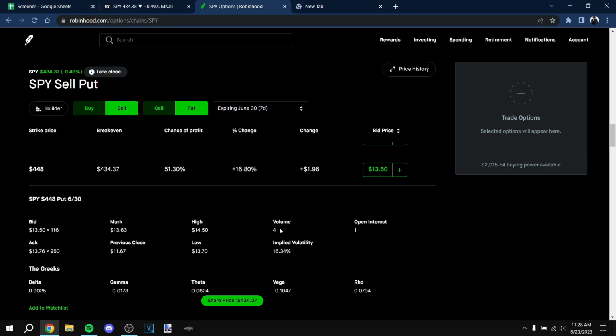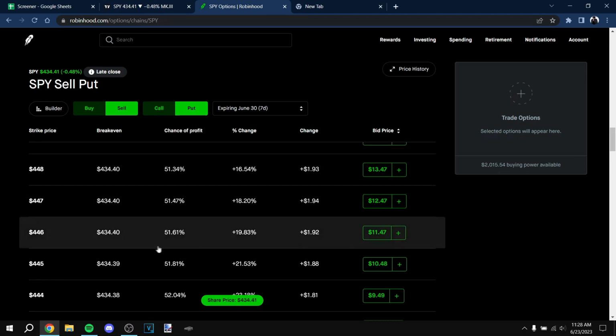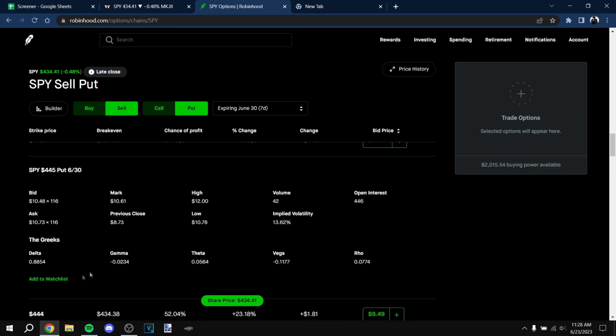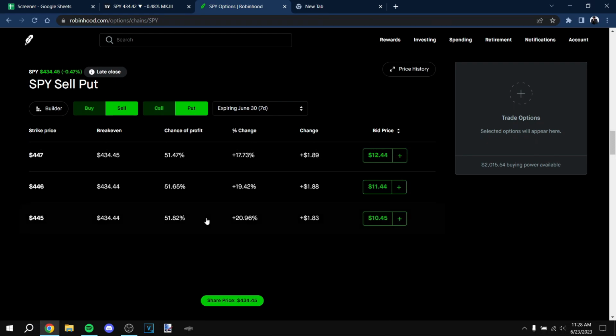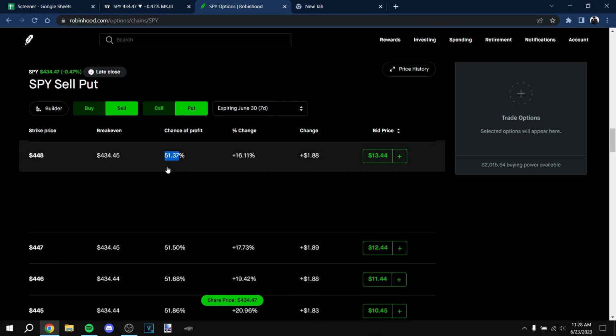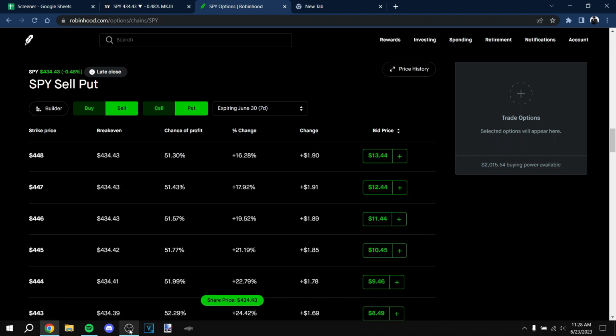IV's low, no volume though. $5 a day. Gamma super low. About four. Let's look at the 445 one. 88% chance of being in the money. So what are the puts looking like? Let me find a good put zone.